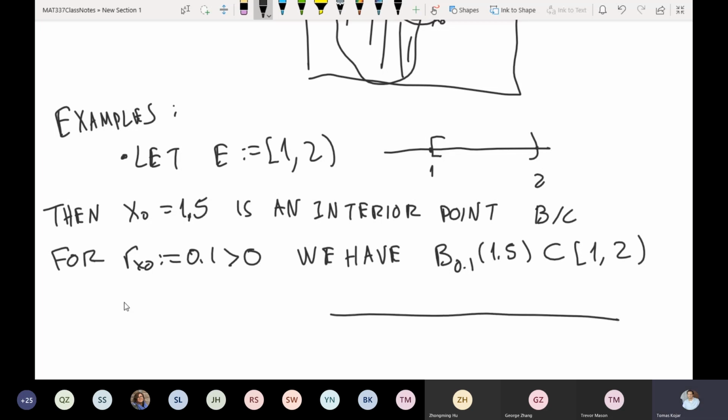Because what's the picture? So this is 1, this is 2, this is 1.5, and then you have 1.4 and 1.6. So this is the ball B(1.5, 0.1), and it's fully contained in E.